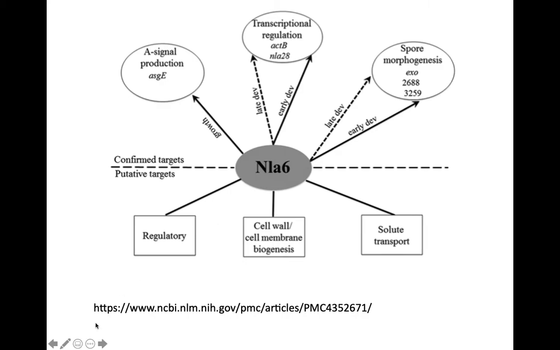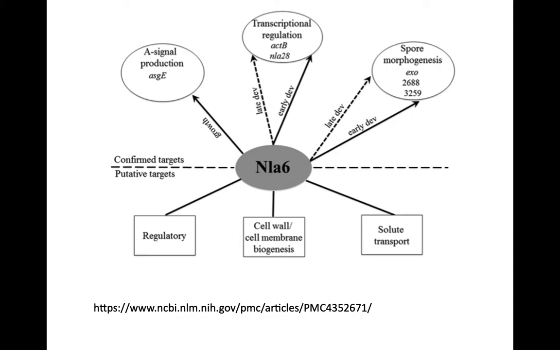This paper discusses further how NLA6 is identified as a key component in the regulation of the transition between a vegetative state of the Myxococcus xanthus model to a resistant state, the transition from a vegetative cell to the production of spores.